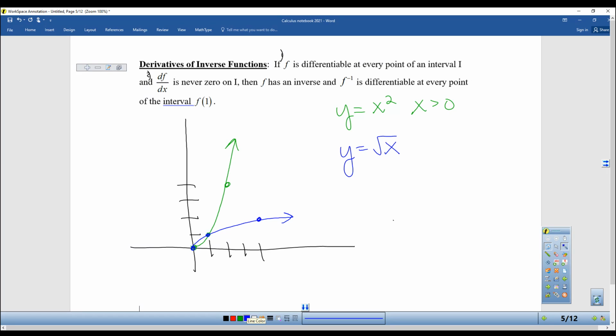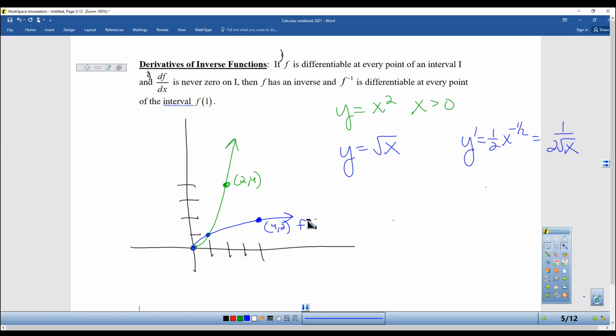Now, here's the interesting fact that I want to teach you. The point (4, 2) is on this one. The point (2, 4) is on this one. Let's look at their slopes. The slope of the blue one, the square root one, is 1/2 x to the negative 1/2, or 1 over 2 square roots of x.